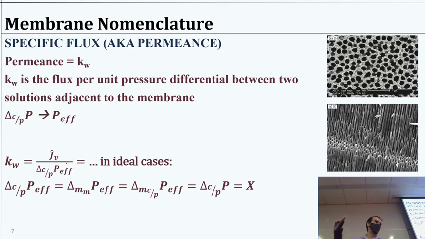In an ideal case, we can rephrase that denominator. If it's an ideal membrane, if the solution is clean, the membrane is clean or brand new, then all of these are equivalent down here. We can say that is equivalent to the pressure difference across the membrane measured within the membrane. It's also equivalent to that same thing measured at the interfaces of the membrane, and simply the same thing as the pressure.